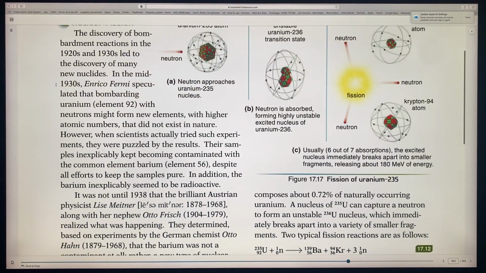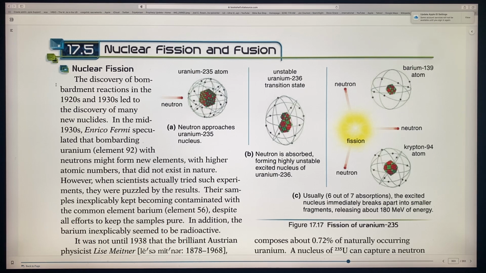Another picture up here is the uranium-235. As the neutron approaches the uranium and hits the nucleus, the uranium becomes unstable, becoming 236. 236 is the transition state, and so the neutron is absorbed, forming a highly unstable nucleus.